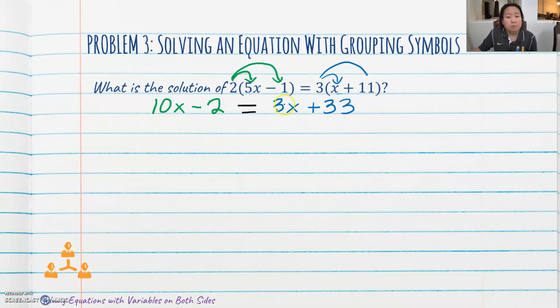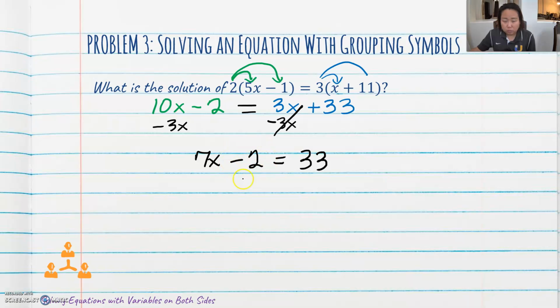Again, make sure that your variables are on one side, all the constants on the other side. In this case, we would like to move 3x together with the 10x on the left side, so minus 3x, minus 3x. And so 10x and -3x will give us a total of 7x. We still have our -2 in there, and now it's just 33 on the right side.